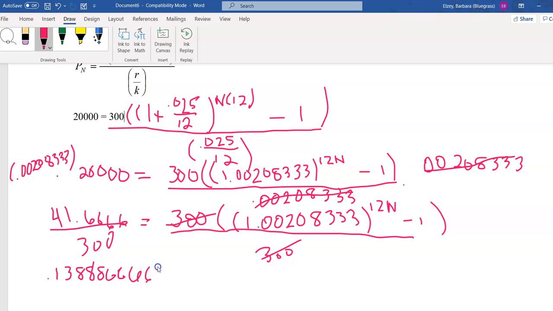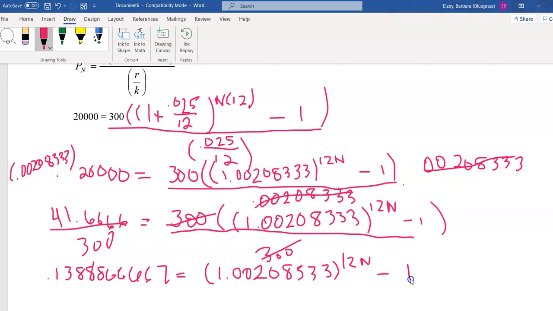Big long decimal. And now what's left over here is this ugly thing raised to the 12n power minus 1.